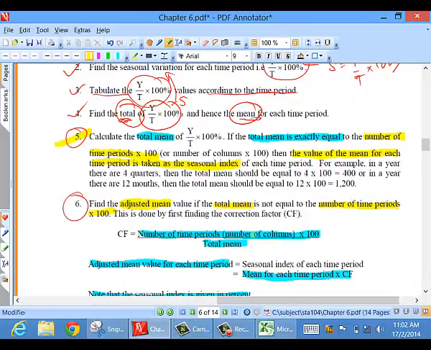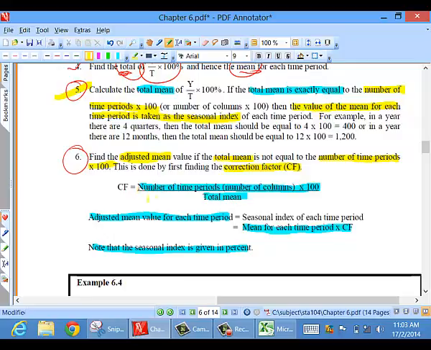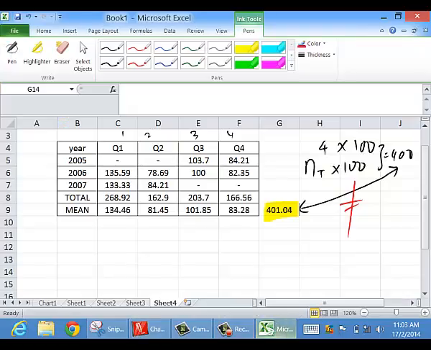So the adjusted mean is calculated using the correction factor. You can find your adjusted mean using correction factor, right? So since they are not equal, you need to find correction factor.